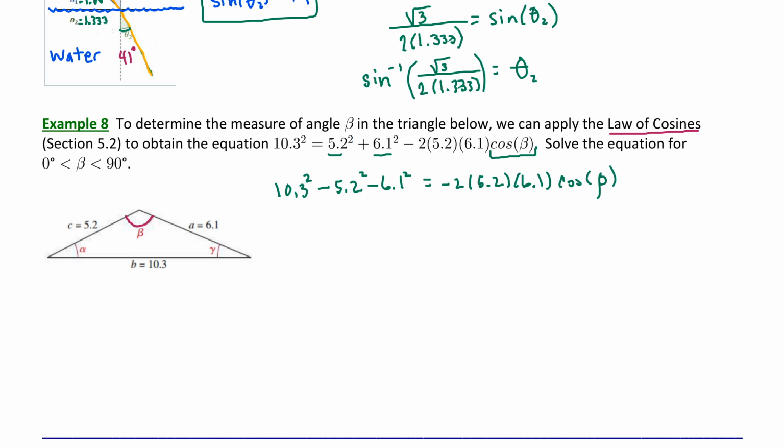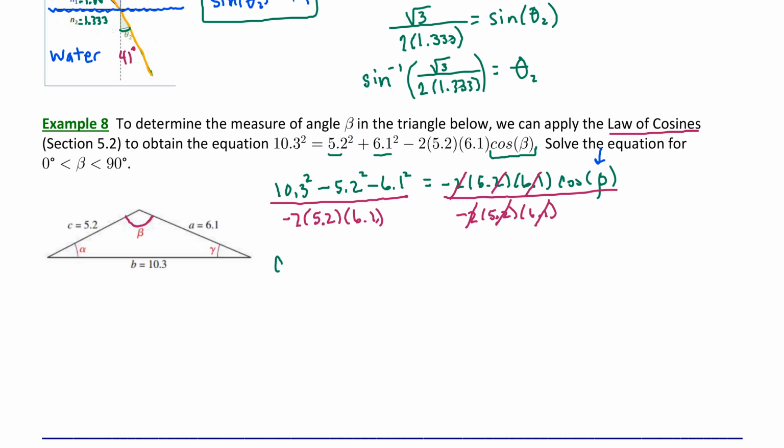Then we can divide both sides by the coefficient of cosine of beta, negative 2 times 5.2 times 6.1. And that will isolate our trig function. So I'm going to make sure and carry that out on this side as well. When we have our cosine function isolated, we can then solve for beta by applying the inverse cosine to both sides.